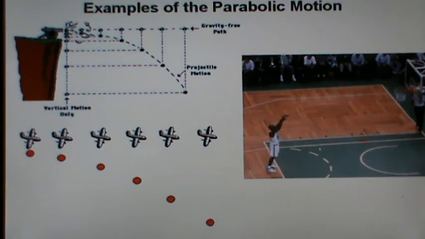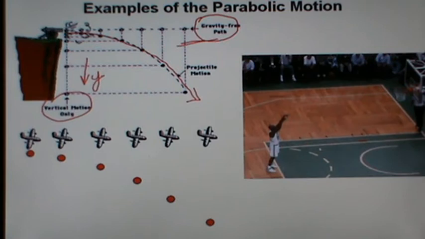There are some examples of the projectile or parabolic motion. The first one here is the cannonball. So we see the cannonball moves in the projectile or parabolic path, and in the x direction or horizontal direction, this is the free path, and in the vertical or y direction there is an effect from gravity.